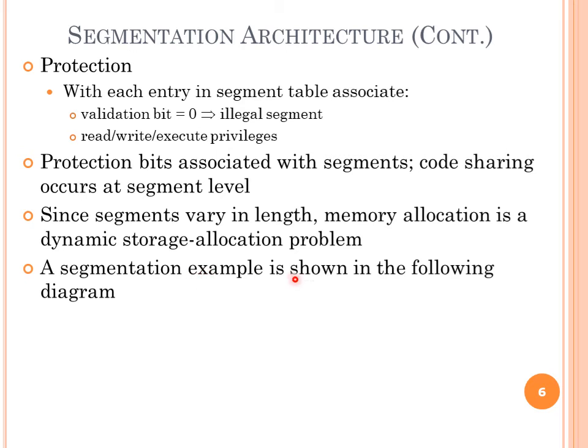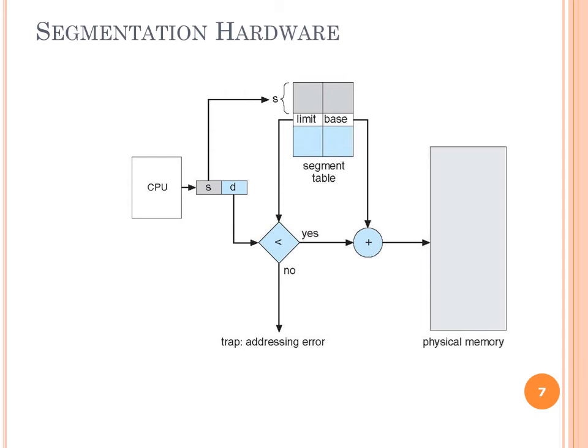Then a segmentation example is shown in the slide here. The CPU generates the logical address, which has the segment number and the offset. The offset should be less than the limit. Then this gives the mapping, searching into the segment table to generate the valid frame.